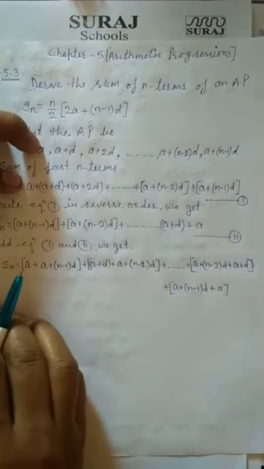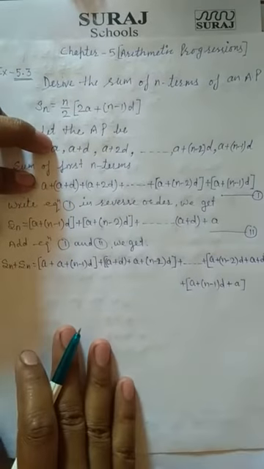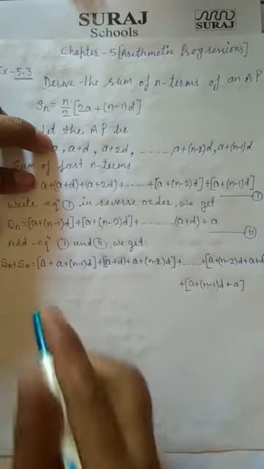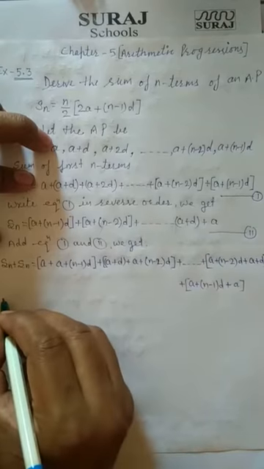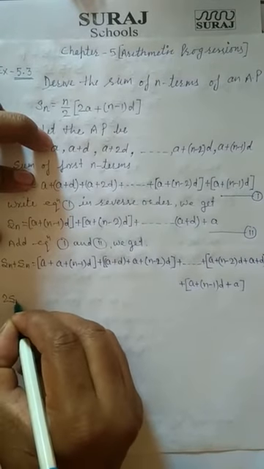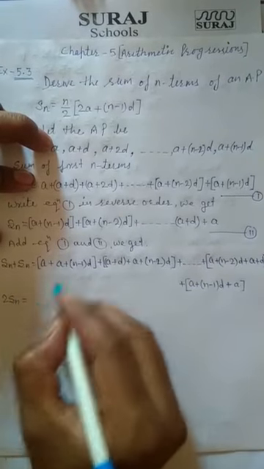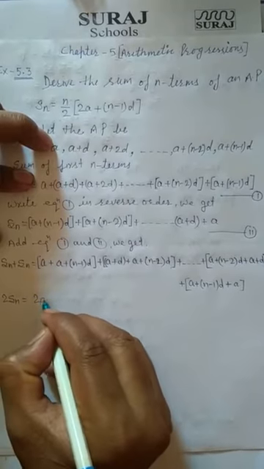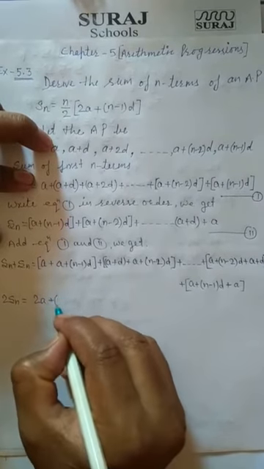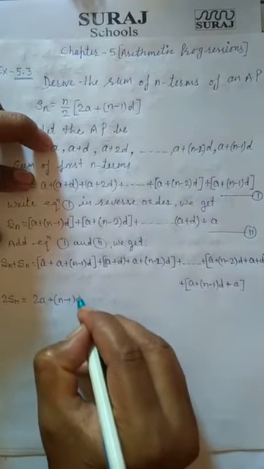Let's see, students. Sn plus Sn, 2Sn, is equal to a plus a, that is 2a, plus (n minus 1) into d.